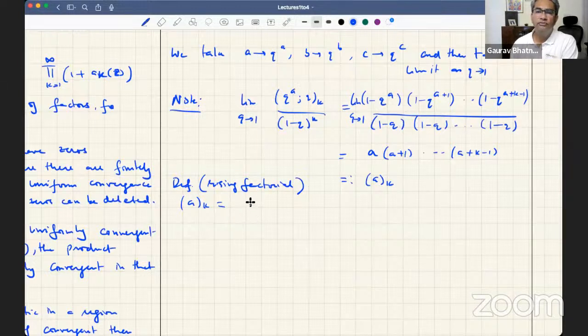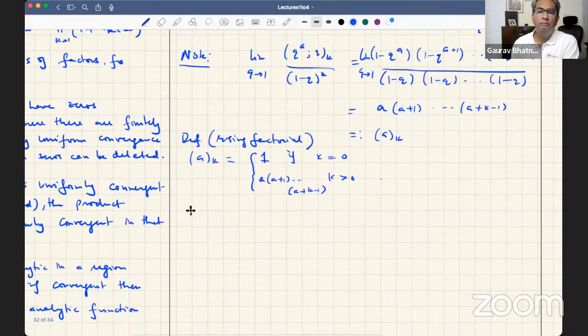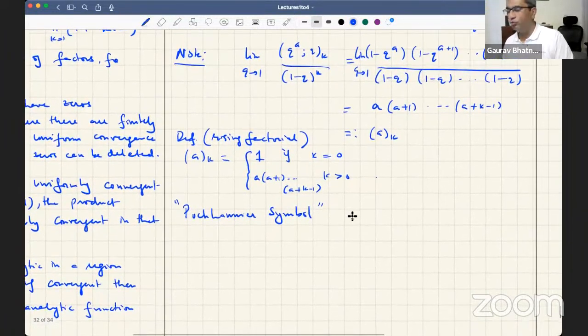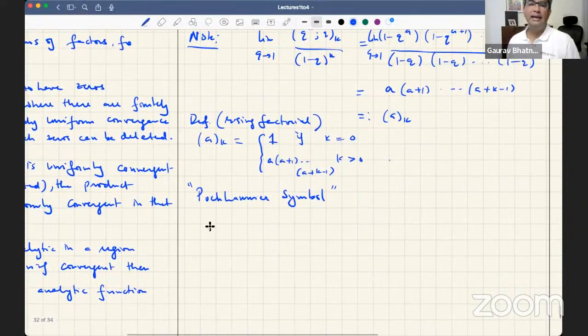It's defined to be 1 if k is 0, or if k is bigger than 0, it is a into a plus 1 up to a plus k minus 1. This is also called the Pochhammer symbol, and what we have been using is called q-rising factorials.